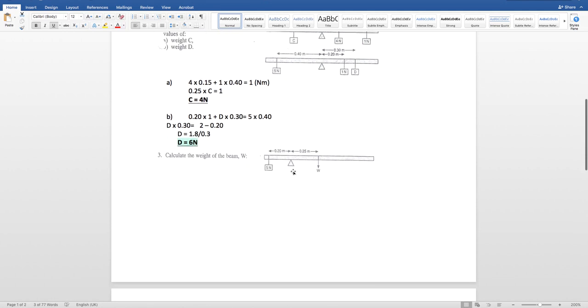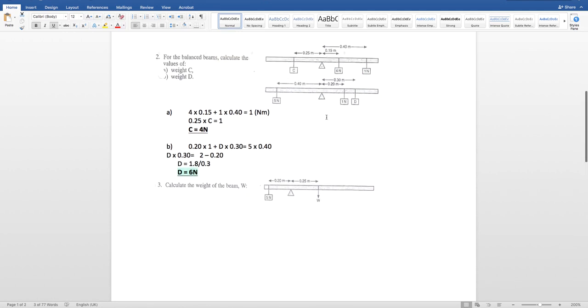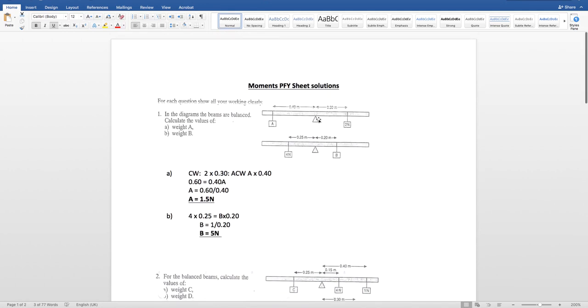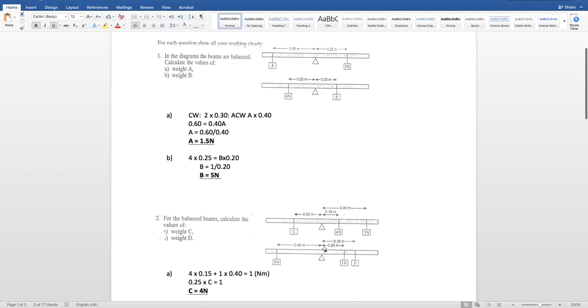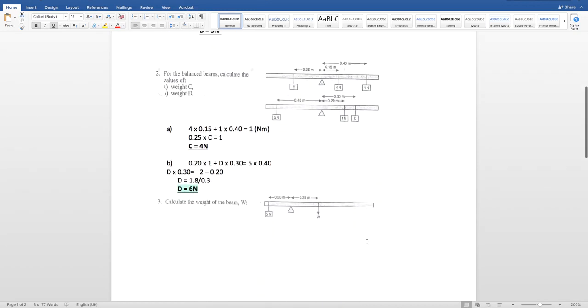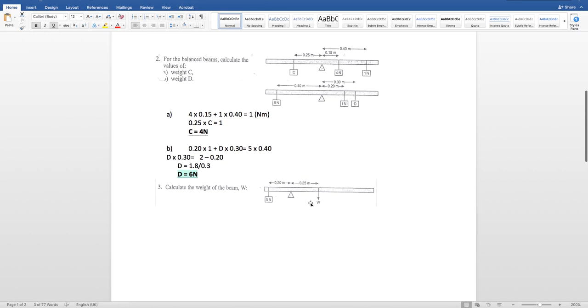Question 3. Well, here, unlike the other ones, where the pivot looks like it's in the middle, the pivot clearly isn't in the middle, and so the weight, which acts at the center of mass or center of gravity of something that's regular shaped like this, will be in the middle.